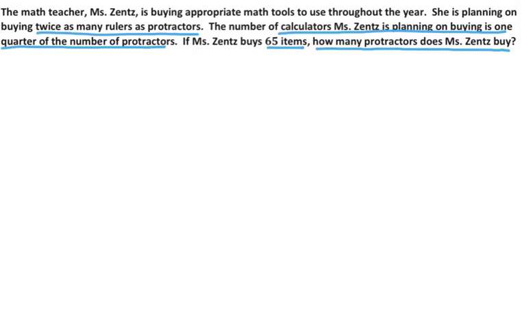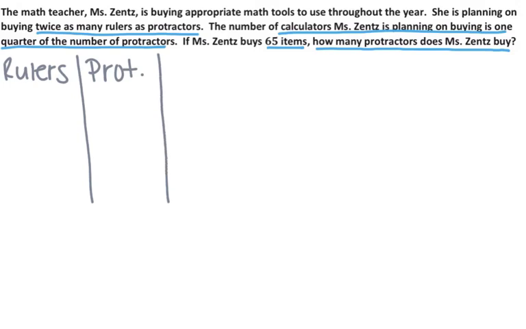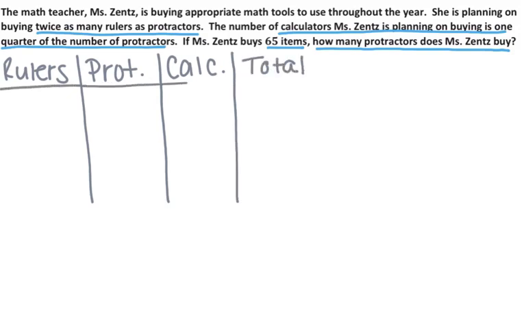So we're going to start with our table. We have rulers. We have protractors. We have calculators. And then total. We know that she bought 65 items in total, so 65 will go there.